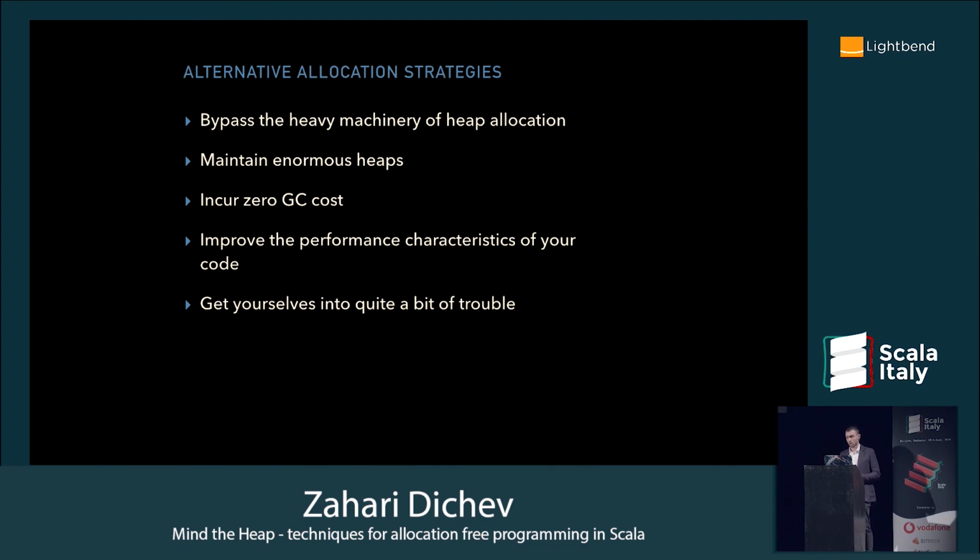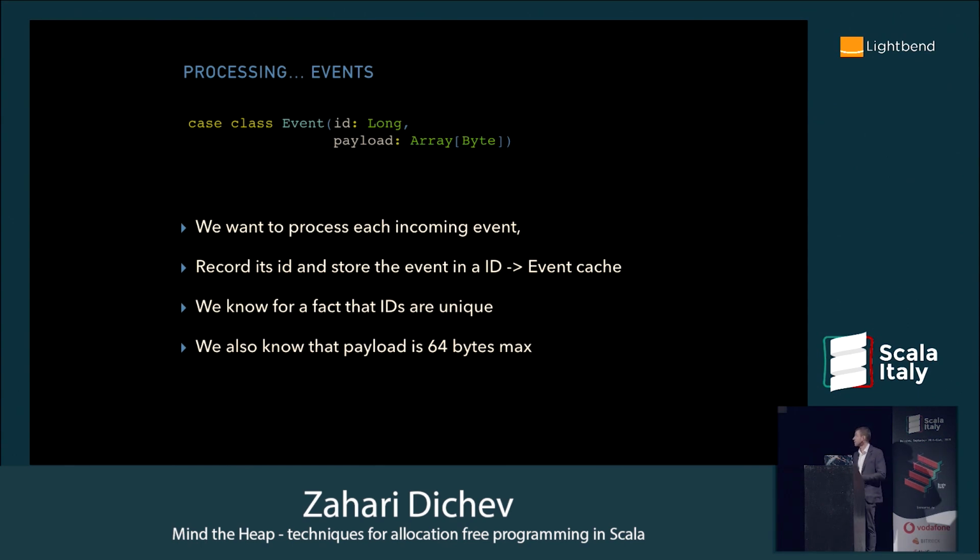So going back to our events example, imagine that this time we have an event that has an ID of type long and a payload that's a byte array. And we know a few interesting things about these events that make creating the example a lot simpler.